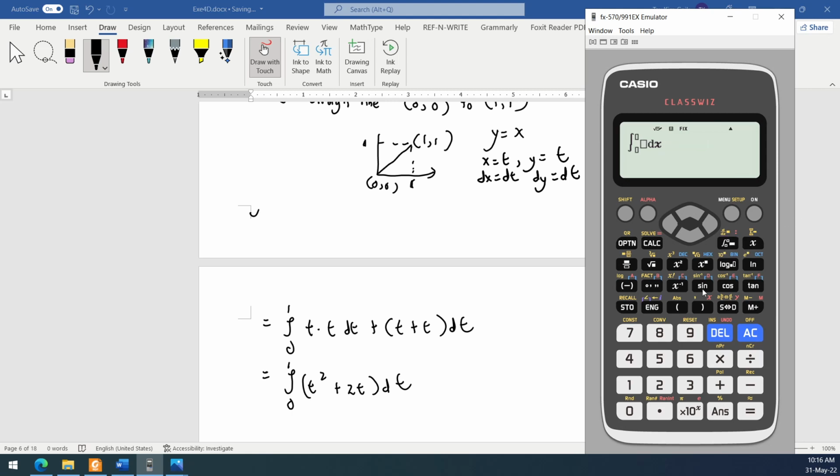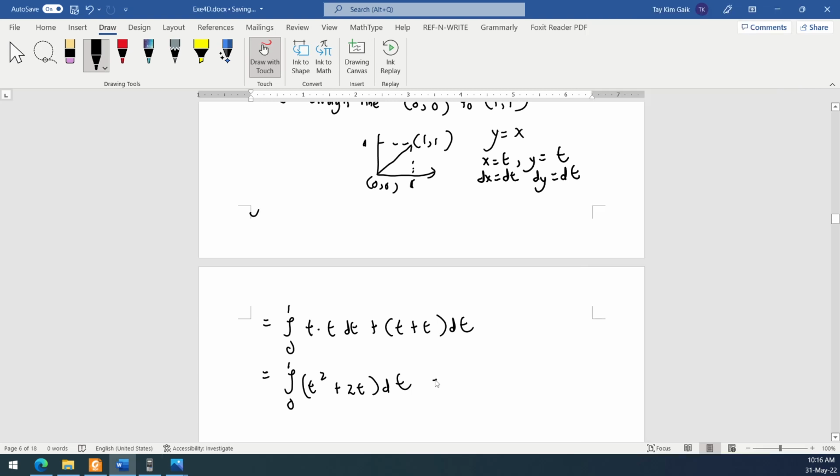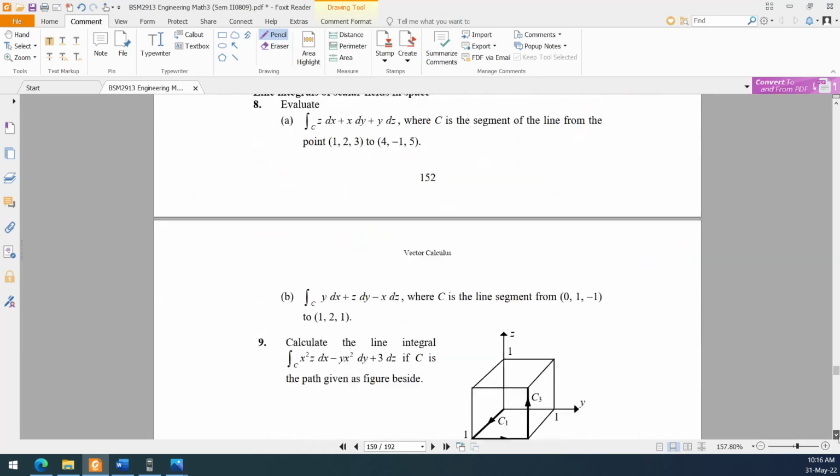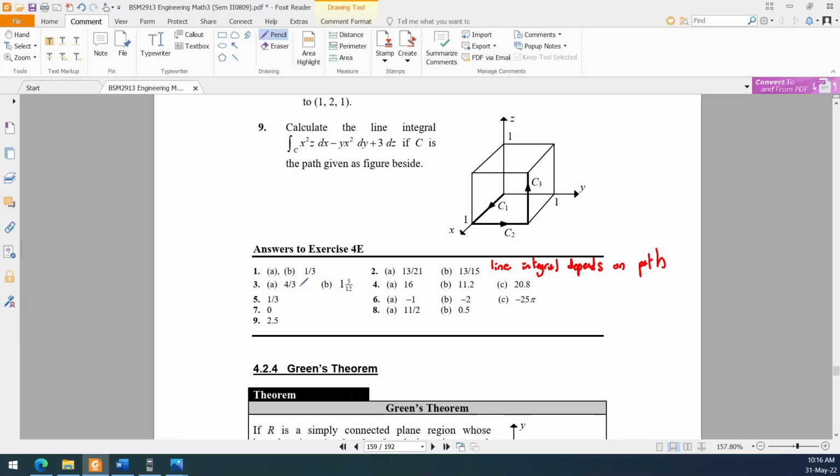So you integrate, changing t to x in your calculator: x squared plus 2x, x from 0 to 1. You get the answer 4/3. That is question 3a that we solved, 4/3.